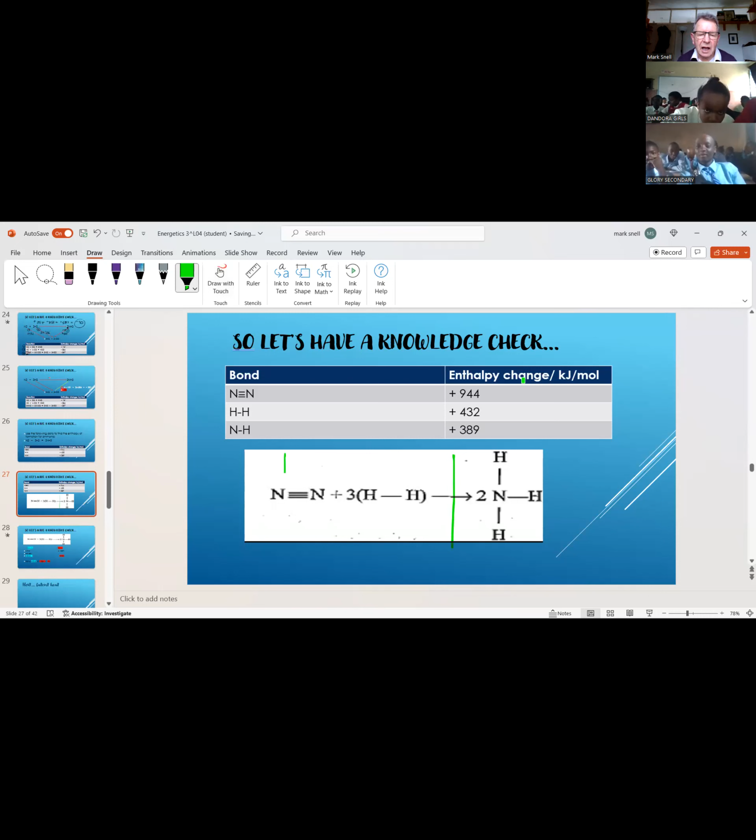Everything on this side will be endo, in other words plus, and everything on this side will be exo, in other words minus. Add up all the bonds on this side, they're all going to be positive, on this side negative, and then total them. Have a go.